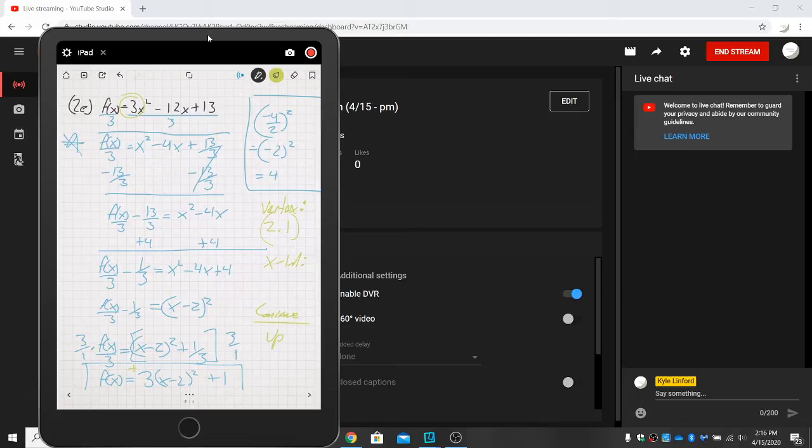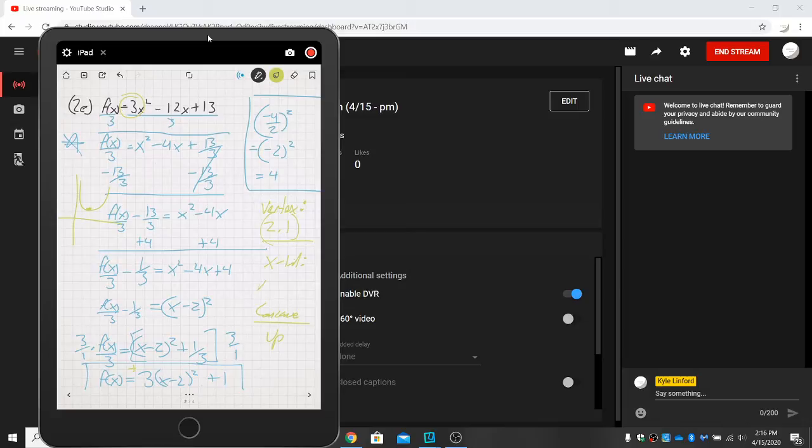So try to picture what's going on here. We have a vertex of 2, 1. So we're in the first quadrant, and we're opening upwards. Do you need to solve for the x-intercepts? No, you actually don't, because if you picture what's going on, you're over here, and you're opening upwards. Will you ever cross the x-axis?